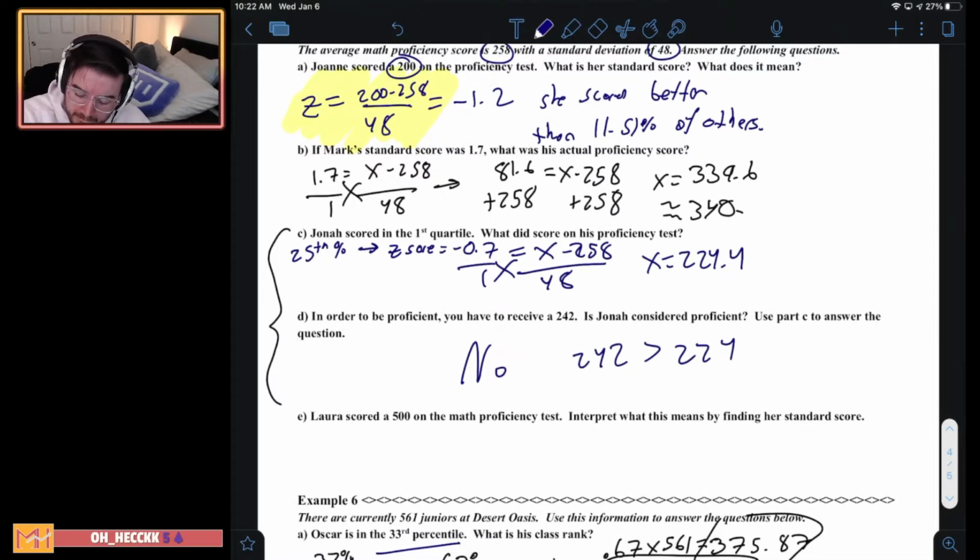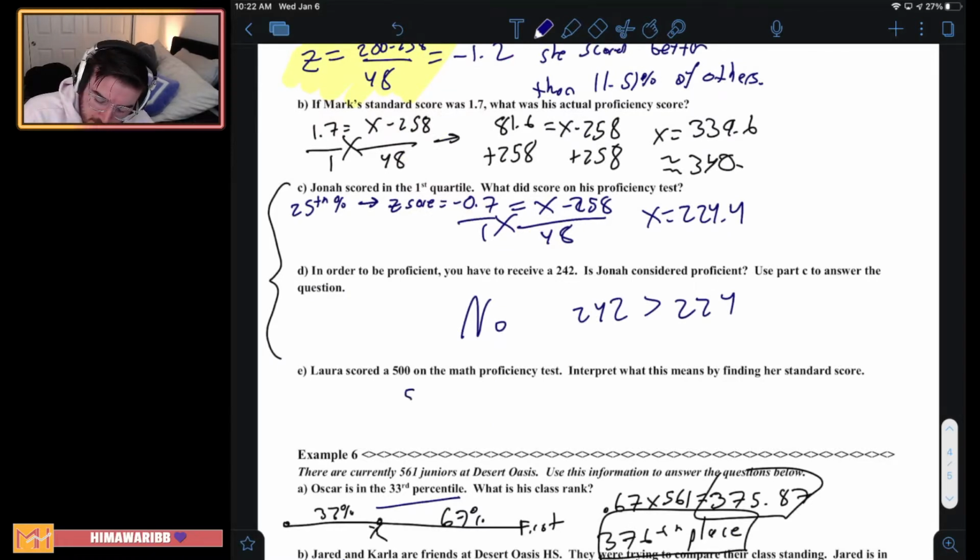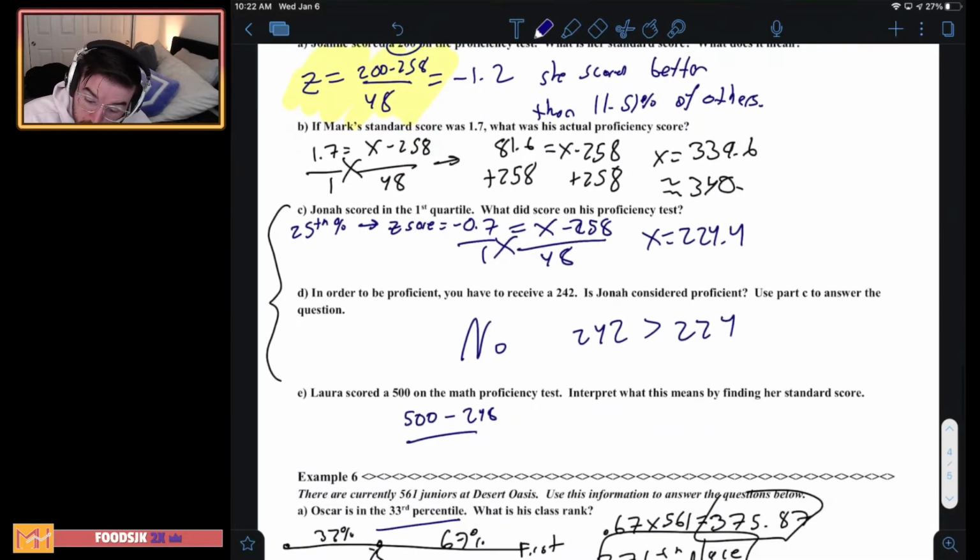Laura scored a 500 on the math proficiency test. What does this mean? 500, I mean, that's insane, right? But let's do the math. 500 minus 248 divided by, what's the standard deviation again? 48.